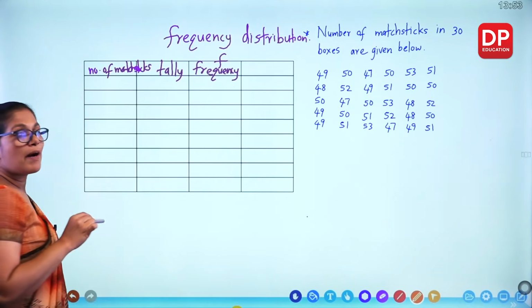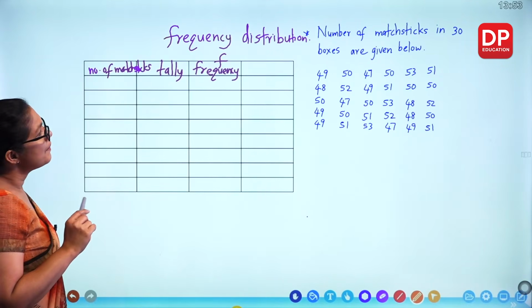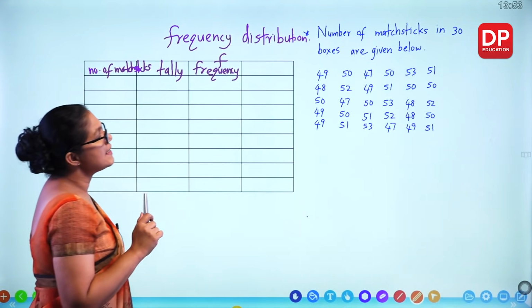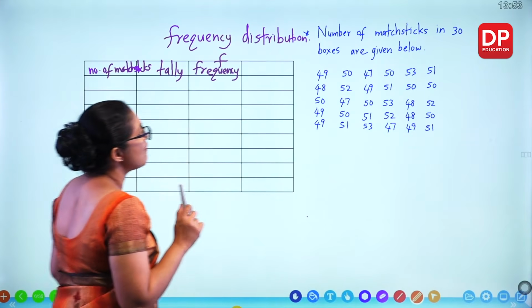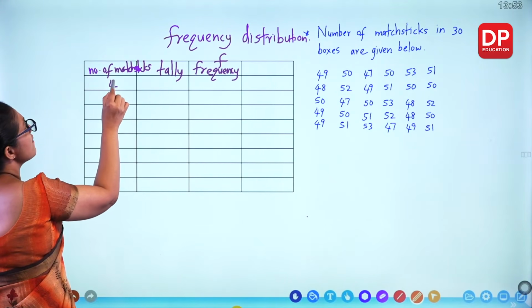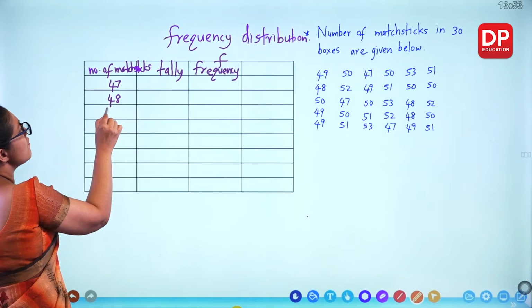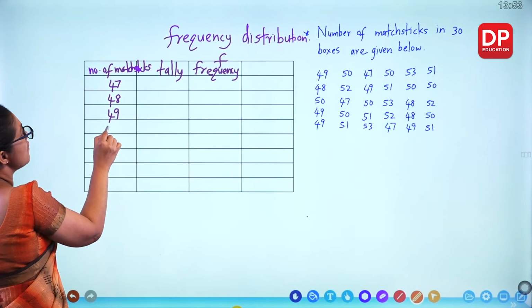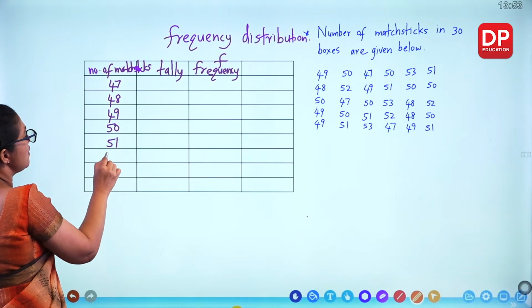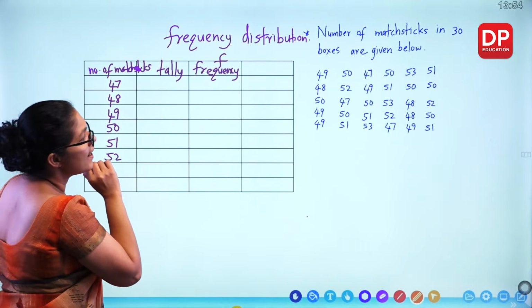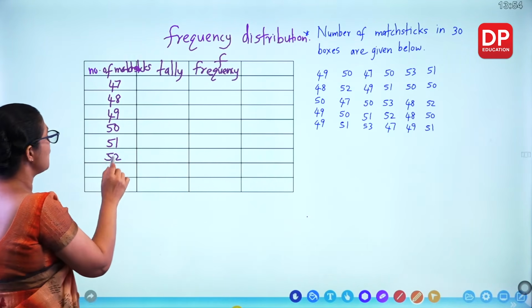We can denote it by the letter F. Now we'll see what's the lowest number in the data set. 47. So we can start from 47. 48, 49, 50, 51, 52. What's the highest? Highest is 53.